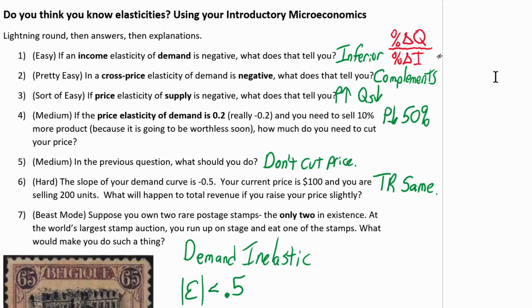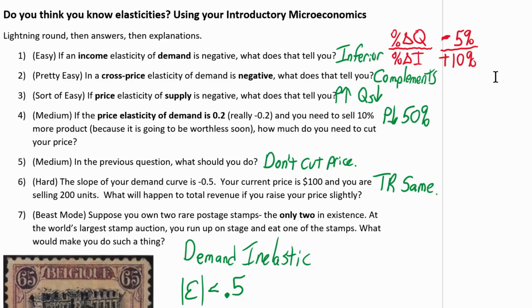And so if we put a positive number on the bottom, say incomes are going up 10%, the only way to get a negative is if the top is negative and people are buying less, right? So maybe they're buying 5% less. That's an inferior good. Income goes up, demand goes down. People buy less.